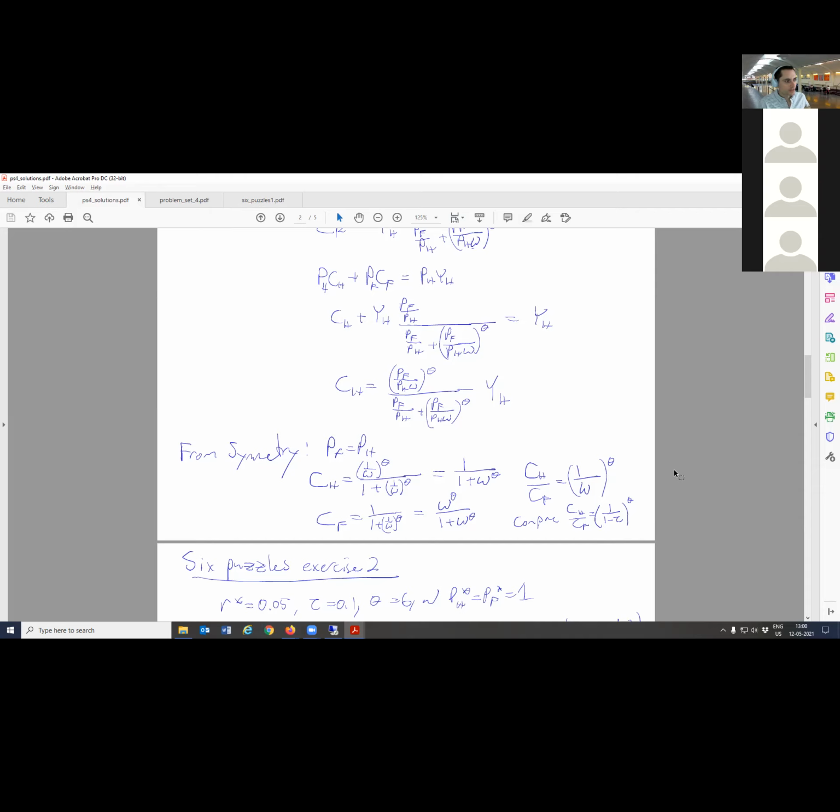Okay. Questions? Yeah, so the idea is just that this omega functions very closely to a trade cost. So preferences are very similar to trade costs.